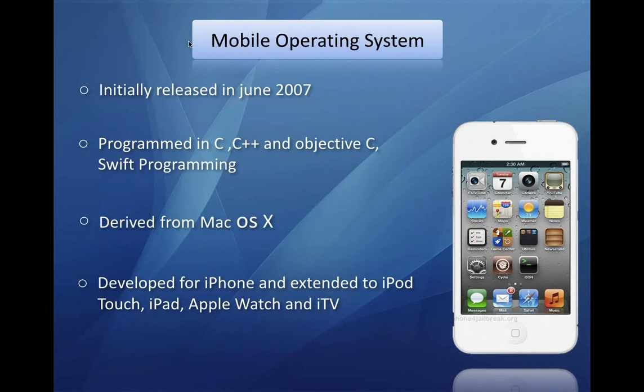It was released this year, 2016, during the Worldwide Developer Conference held from June 13 to June 19 in the US. Every year in June they conduct this WWDC, where they release new features, new OS versions, and new devices to the world.